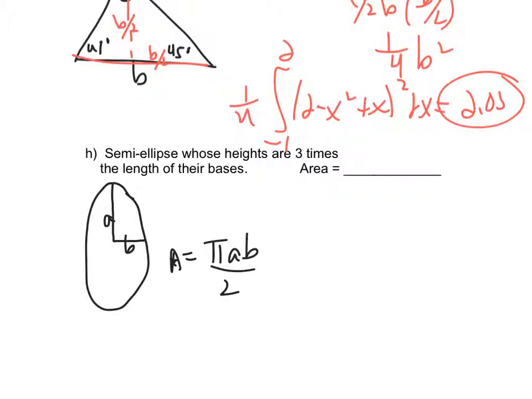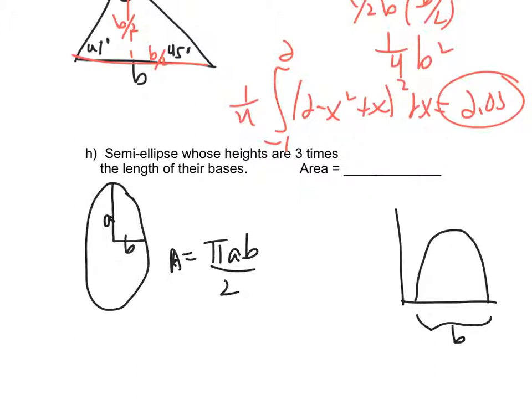Okay, so in this case we can look at a figure that's a semi-ellipse. So if I drew it out, it would look like that basically. This whole bottom part would be your B, okay, across. If you can see in the original diagram, the whole thing is usually going to be your B.